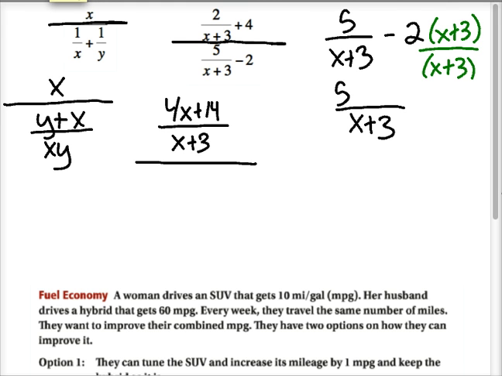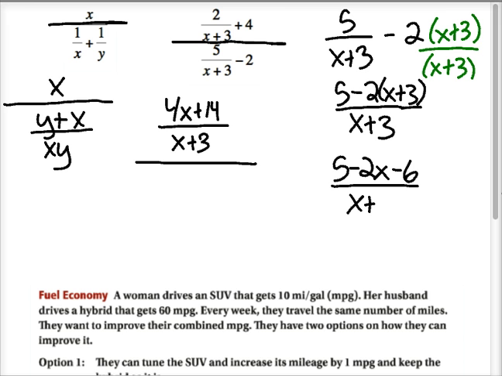So that means from the first one I get a 5. From the second one I'm subtracting 2 times x plus 3. So I'm getting 5 minus 2x minus 6 over x plus 3, or that turns into negative 2x minus 1 over x plus 3.